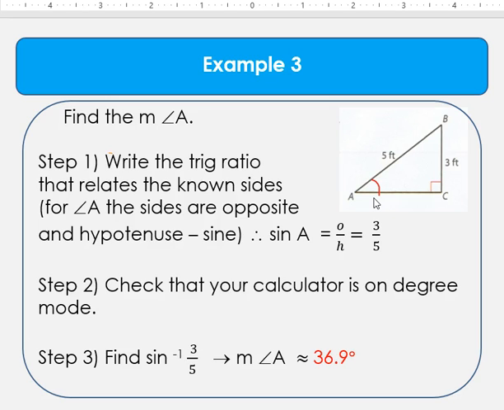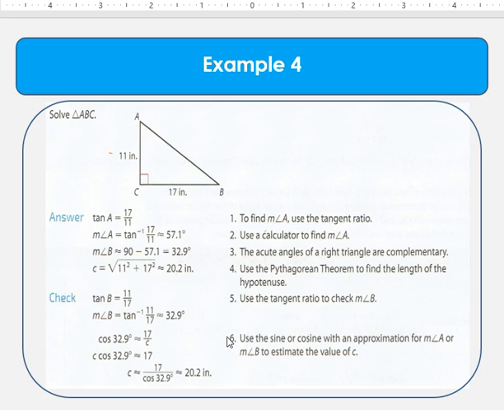If you're using a TI, you'll enter second sine, and it'll show you some parentheses, and then you'll enter 3 divided by 5 within the parentheses to get your answer. Or if you're using the TI from the class, you'll divide 3 by 5 and then push second sine. And you will get an answer in degrees. The answer should be approximately 36.9.